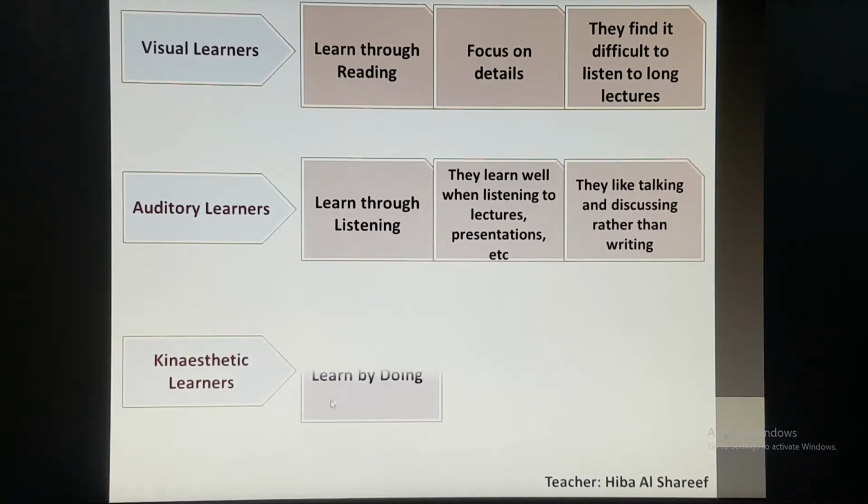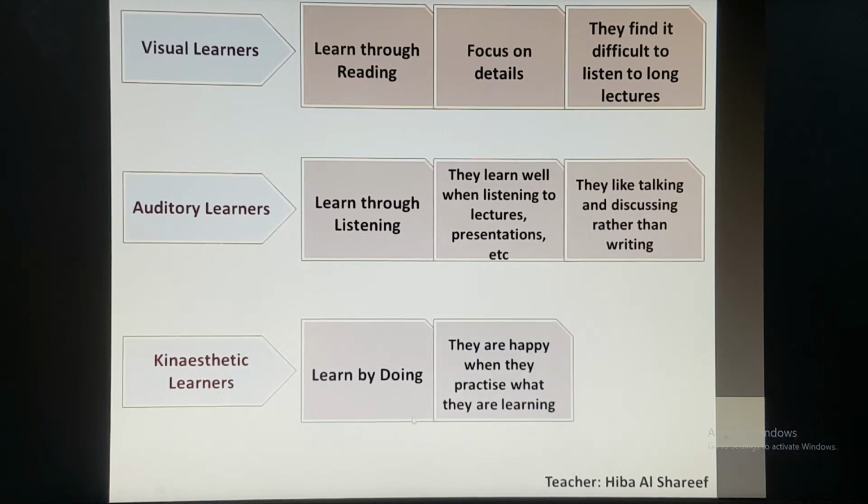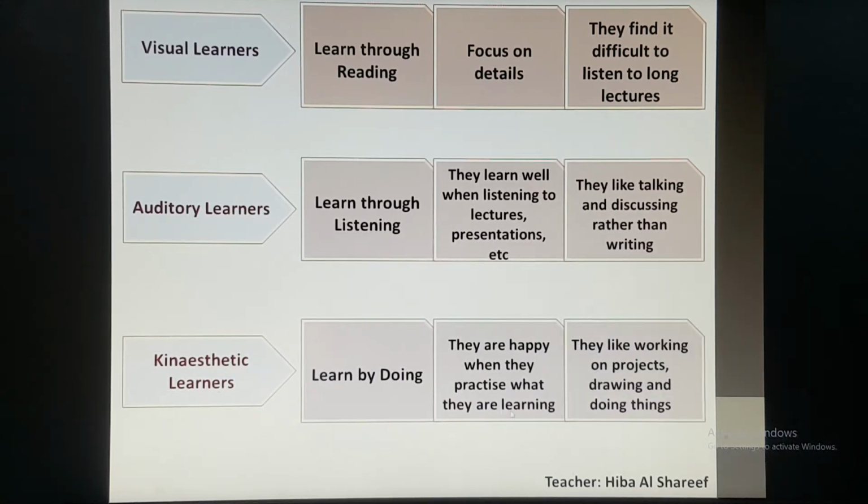Kinesthetic learners learn by doing. They are happy when they practice what they are learning. They like working on projects, drawing, and doing things. So, are you a visual learner, auditory learner, or kinesthetic learner?